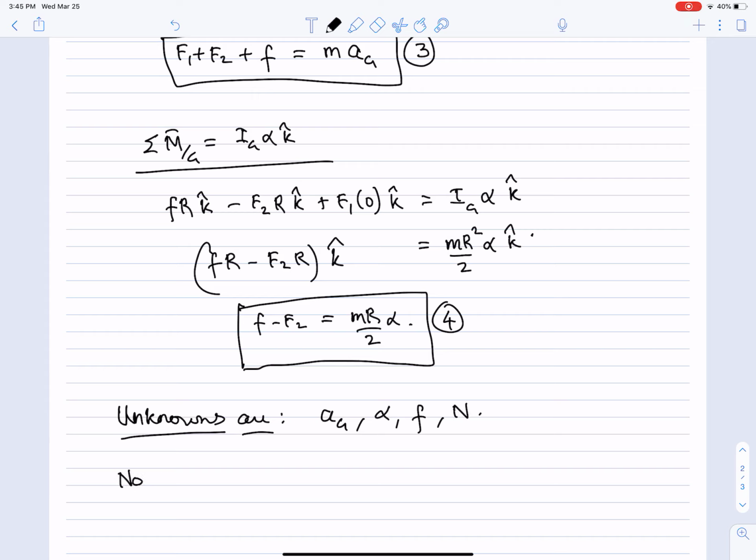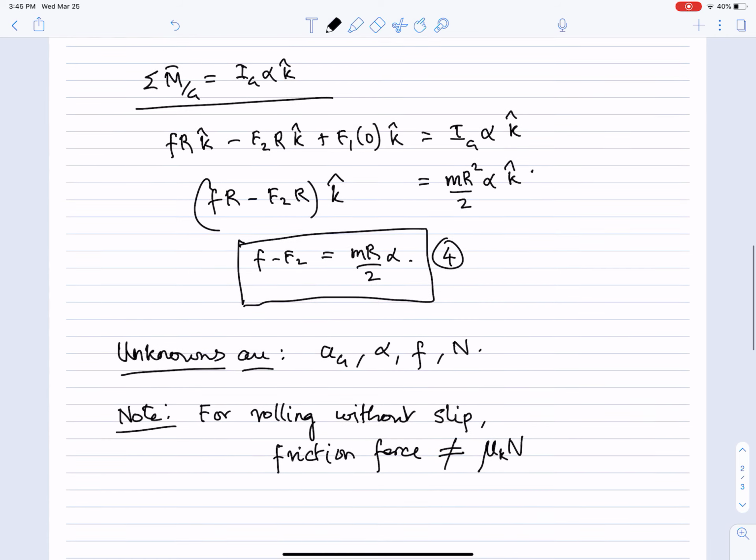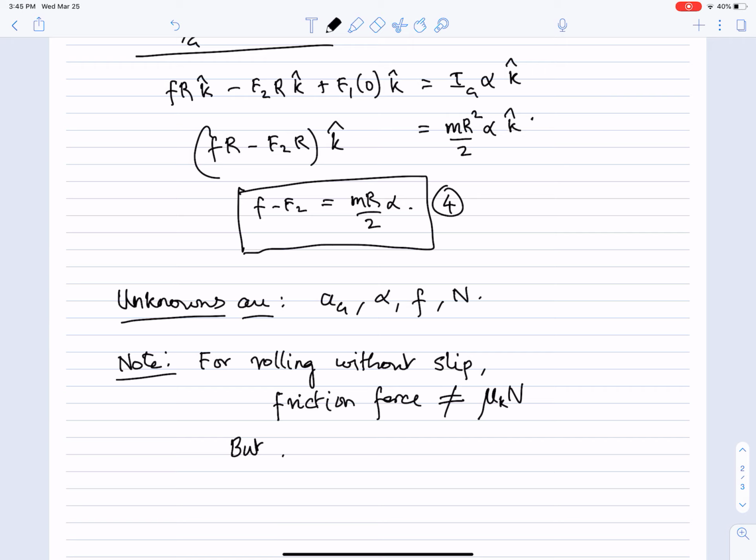Note, for rolling without slip, the friction force is not equal to mu k times N, but is determined by solving equations 1 to 4.